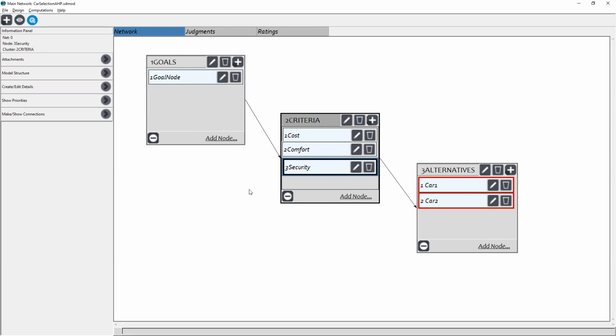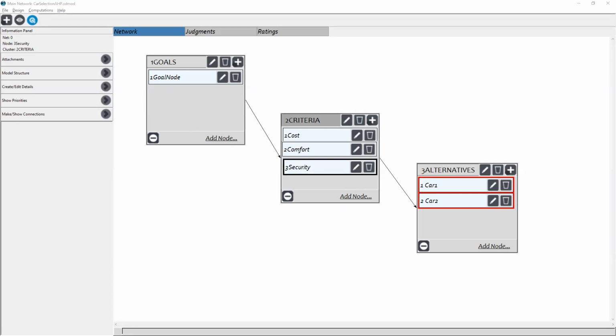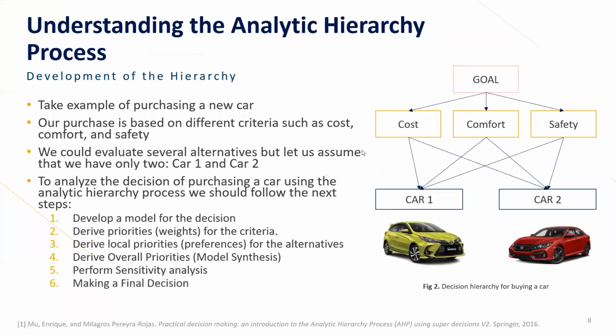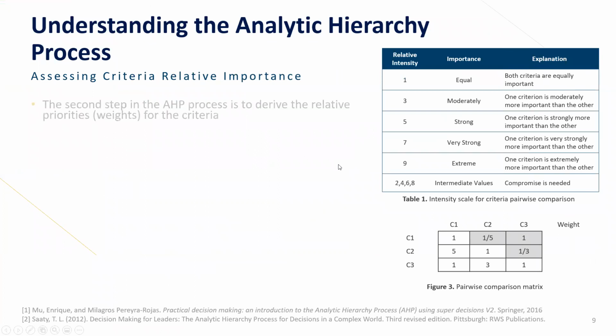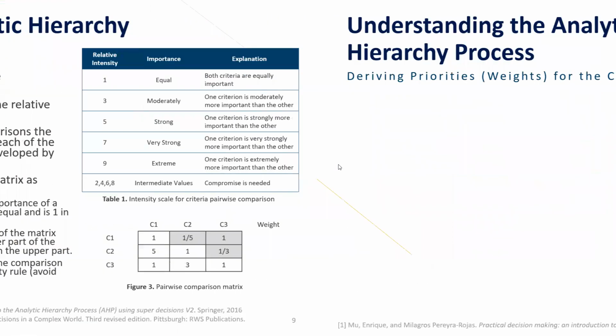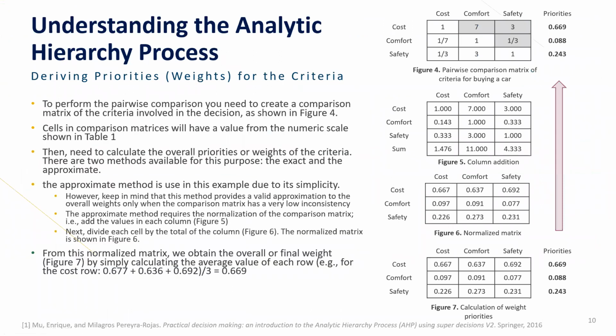Okay, after the structure is defined well, similar to the manual calculation, the first step is to derive the priority or weight of the criteria. As you can see here, we need to make this table, or in Super Decisions, they call it judgment.